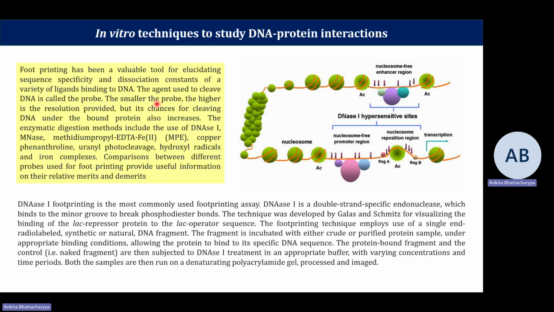It is a double-stranded specific endonuclease which binds to the minor groove, and its job is to break a phosphodiester bond. The technique was developed by Galas and Schmitz for visualizing the binding of the lac repressor protein to the lac operator sequence. So the footprinting technique employs the use of single-end radio-labeled synthetic or natural DNA fragments.